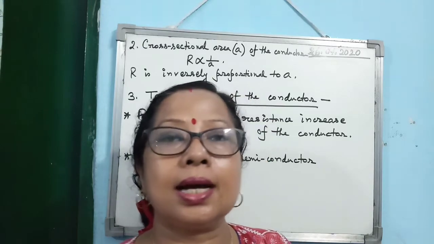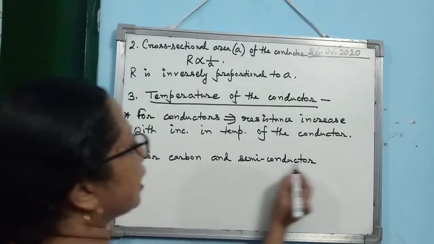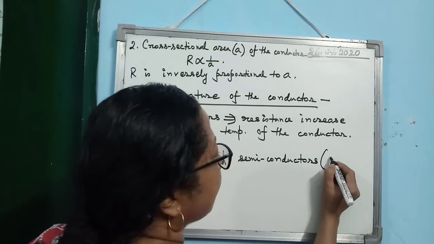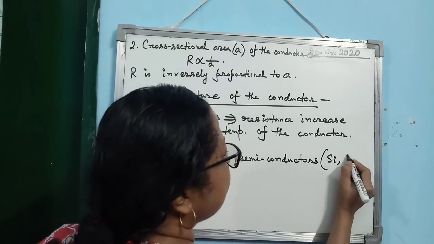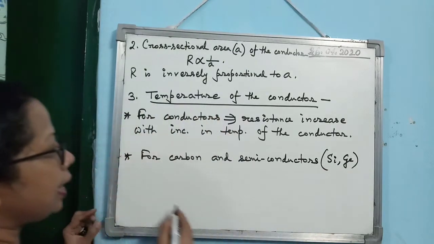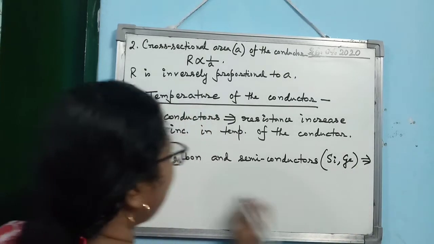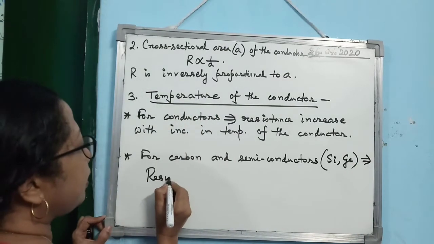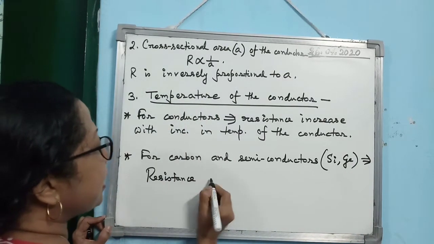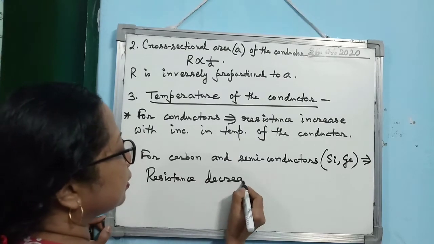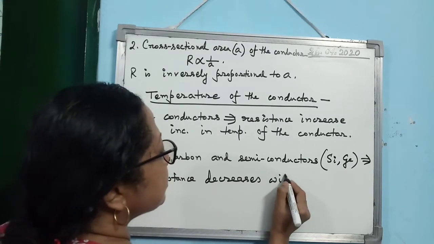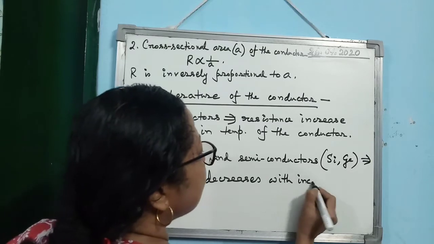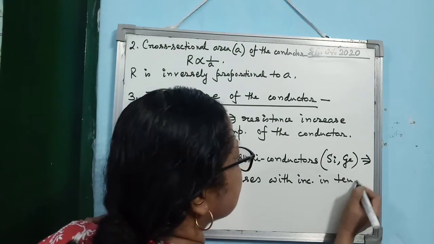So they are known as semiconductors. And for carbon and semiconductors, silicon and germanium, what happens? This is very important. Resistance decreases with rising temperature, or with increase in temperature.